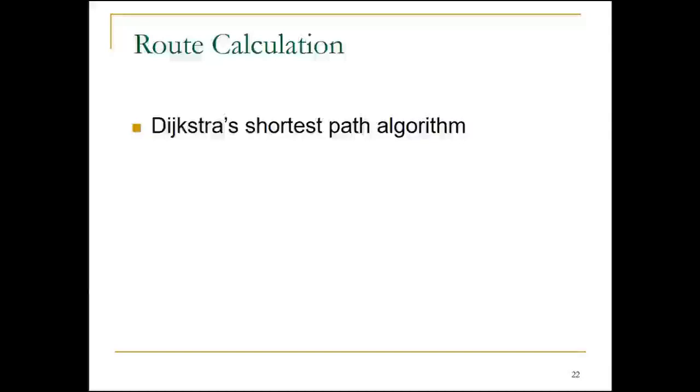Okay, so the Dijkstra shortest path algorithm. By the way, Dijkstra is all about shortest path. When it comes to link state, it's all about finding the shortest route to move a packet from A to B. That's what this algorithm is all about.